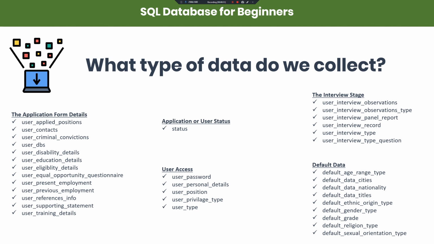We're going to be asking them about their nationality, their gender, their religion, their sexual orientation, their ethnicity. We're going to be asking those questions in the equal opportunity questionnaire form. So we want to be able to capture the response of the job applicant into our database.